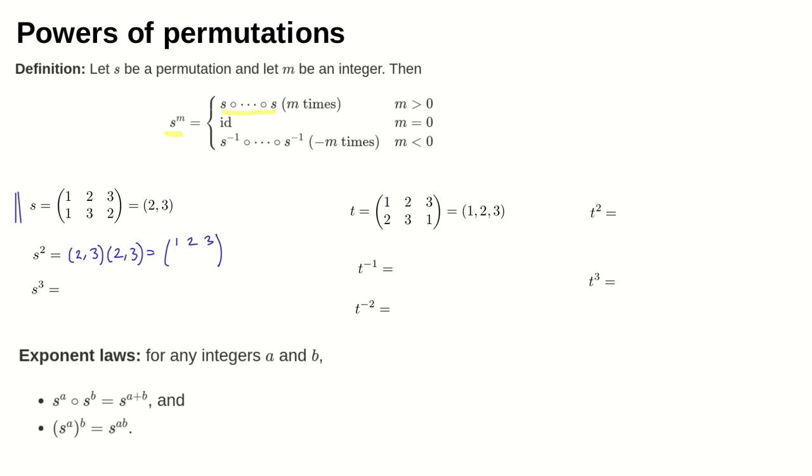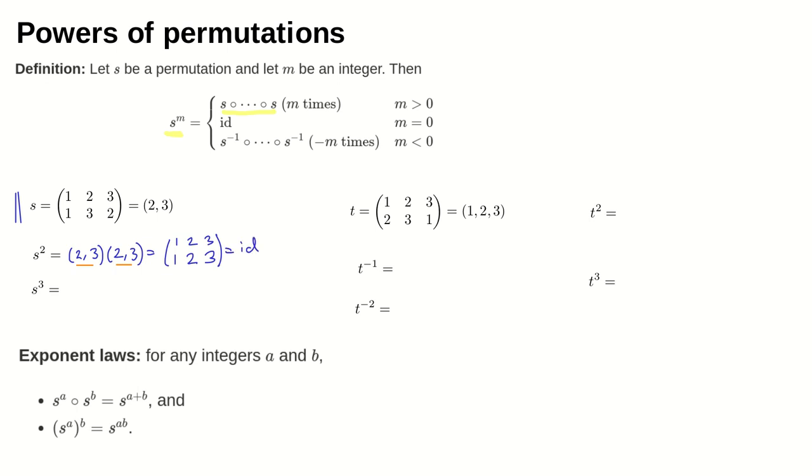S of 1 is 1, so s of 1 is 1 as well, so 1 goes to 1. On the other hand, let's see what happens to 2. S of 2 is 3, s of 3 is back to 2 again, so s squared of 2 is 2, and s squared of 3 must be 3, since we've got to have a 3 on that bottom row somewhere. So s squared is actually the identity permutation.